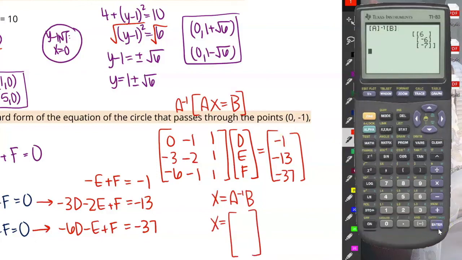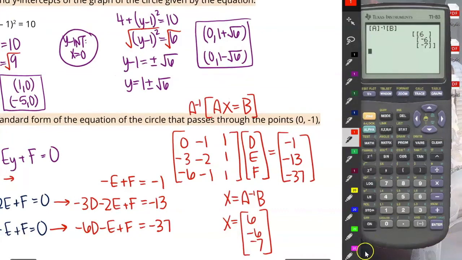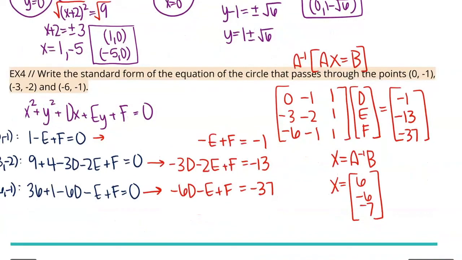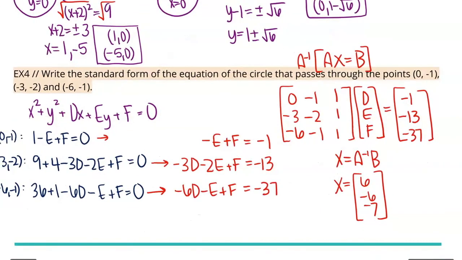Should be 6, negative 6, and negative 7. So those are going to be our D, E, and F. I don't need the calculator again for a sec. So let's find some room over here somewhere. So I'm going to plug those in. This will be x squared plus y squared.